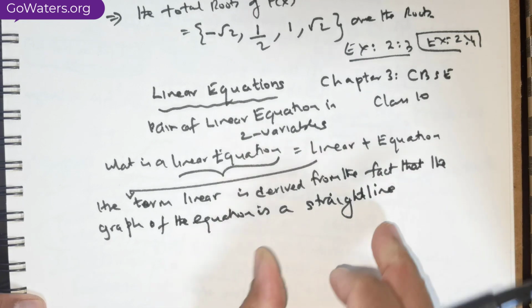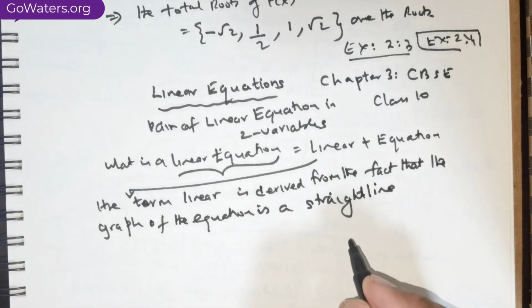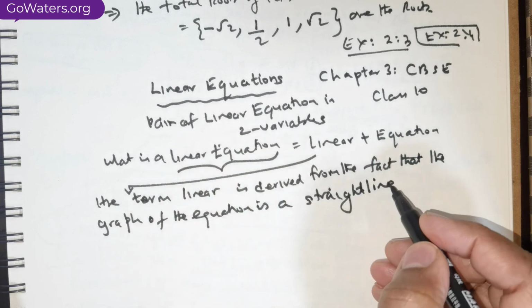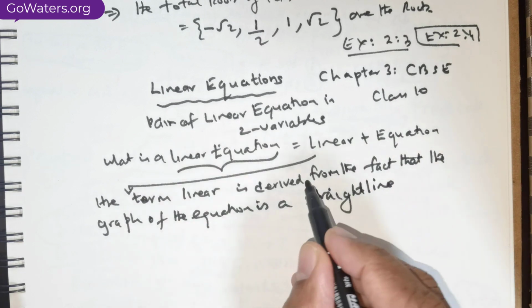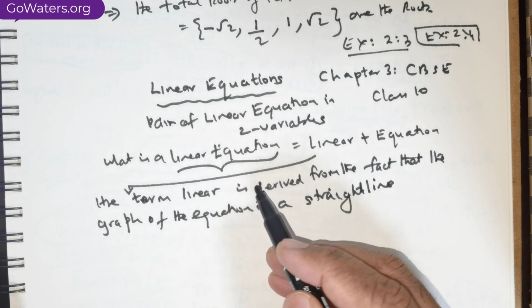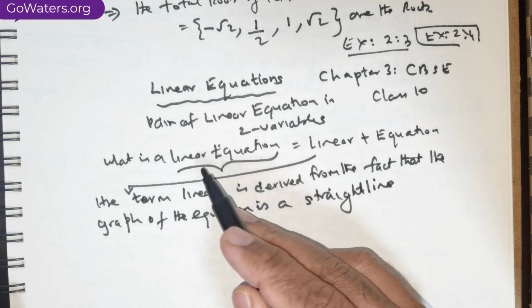Okay, this is the reason. Because the graph drawn gives us a straight line, we call that particular equation as linear.